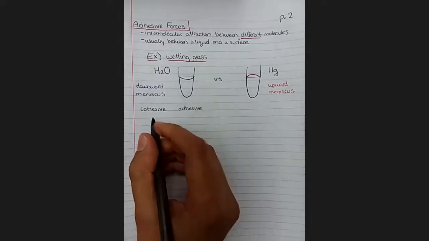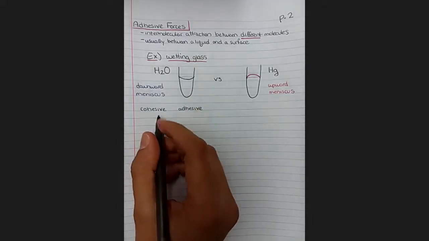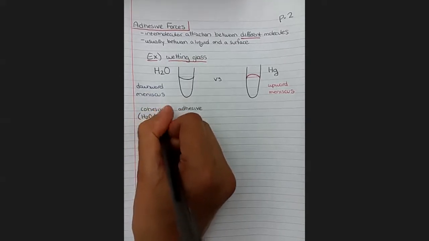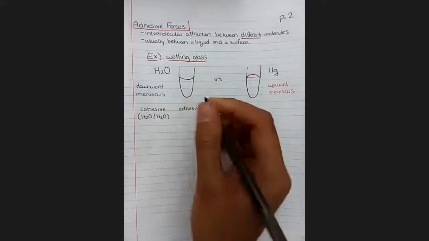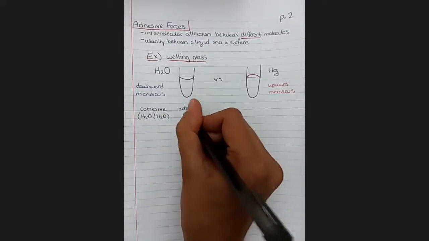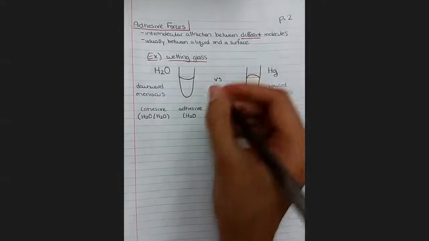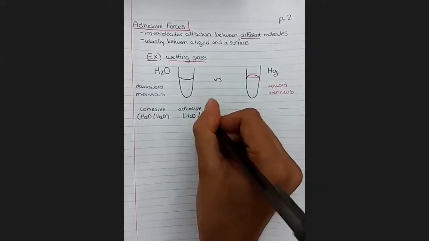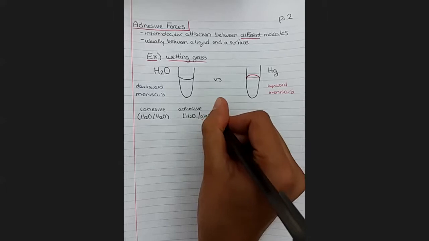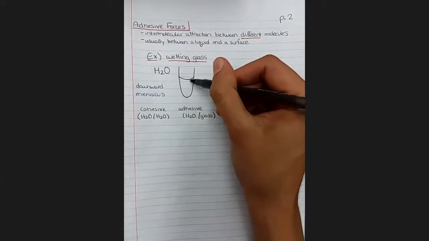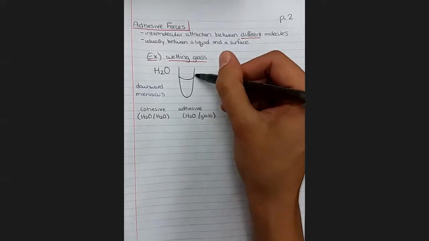So the cohesive forces are attraction between identical molecules. This is the forces between one water molecule and another. And we're comparing that to the strength of adhesive forces, which is between different molecules. In this case, the water and the surface of the glass. So in this case, we can see that the meniscus bends downward in the center and upward at the side.